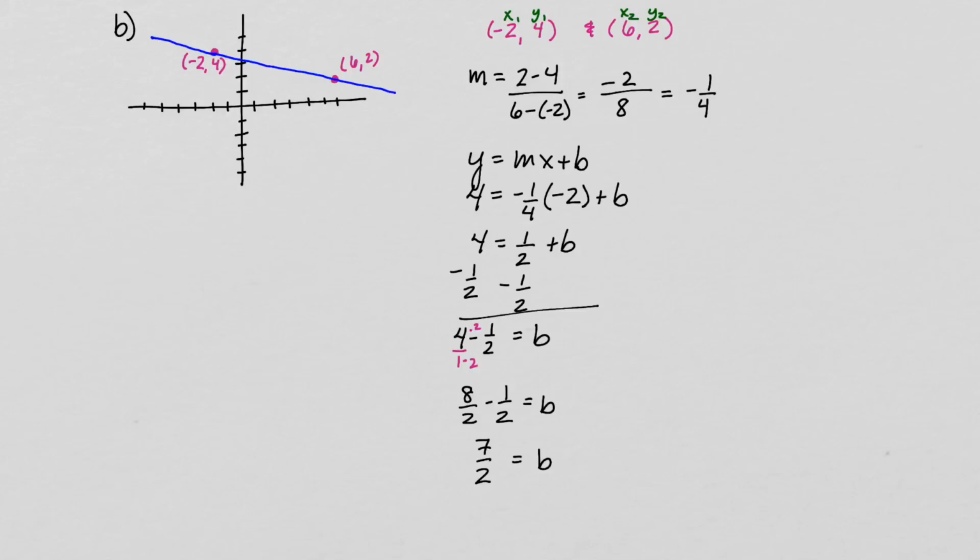So for the equation of my line, y equals mx plus b, to get that final answer, I need to plug in for m and for b. So y is going to be -1/4 x plus 7/2. So it's kind of tying together what we've done in other videos. It's just that now you have to actually find the slope, and then plug the slope in to help you find the y-intercept.